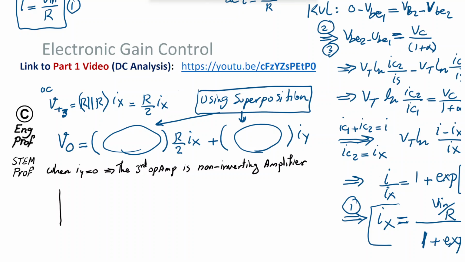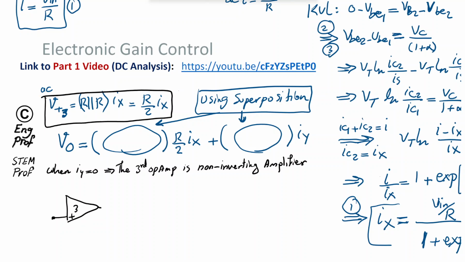So we have op amp number 3, and at the positive terminal we have this voltage: R over 2 times Ix.